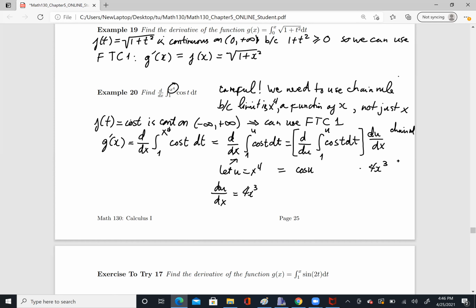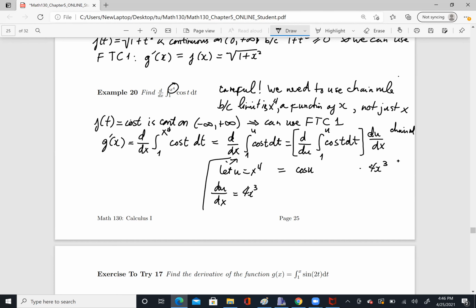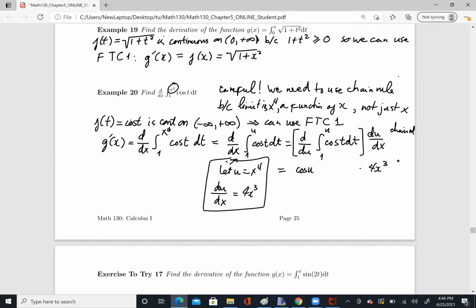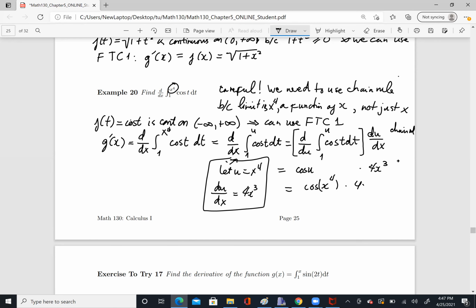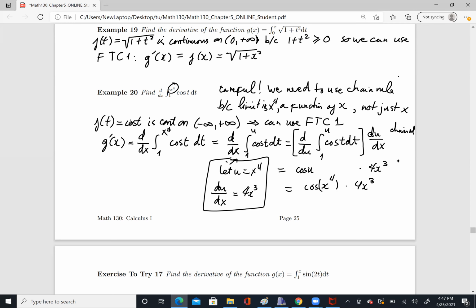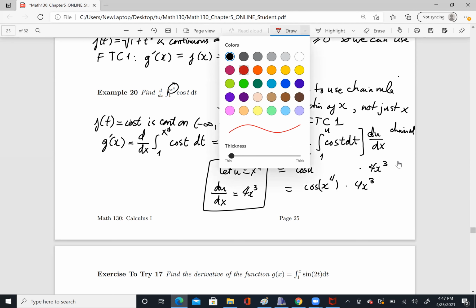And then finally, I will substitute u as x to the power 4, and change it to become cosine of x to the power 4 multiplied by 4x cubed. And that should be the answer for this part.